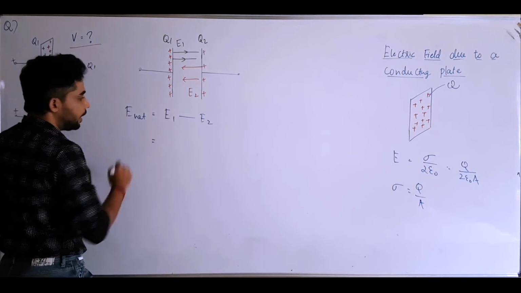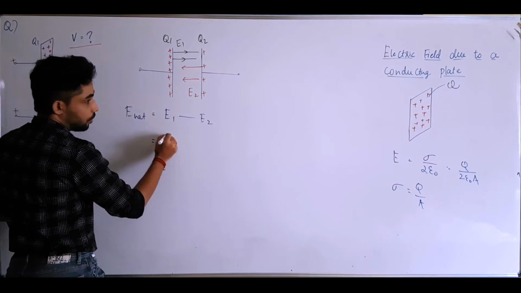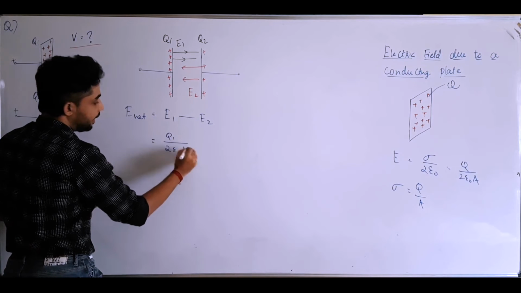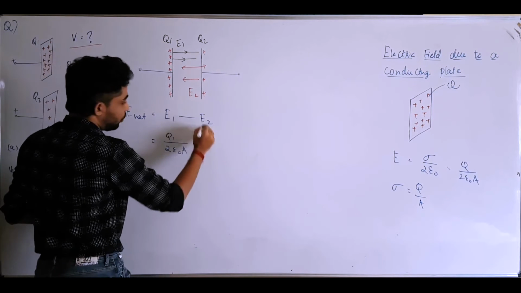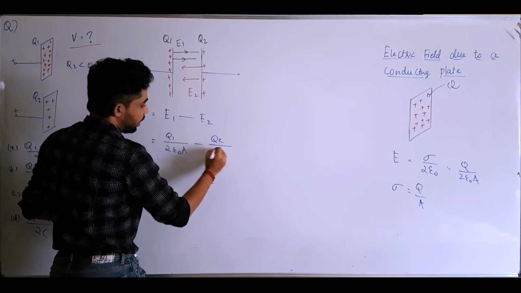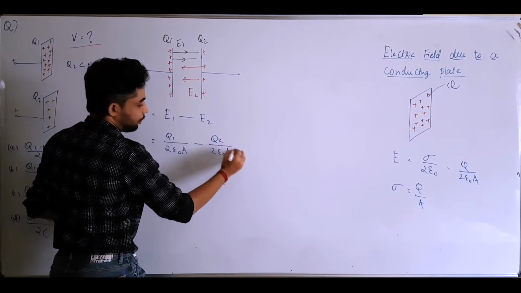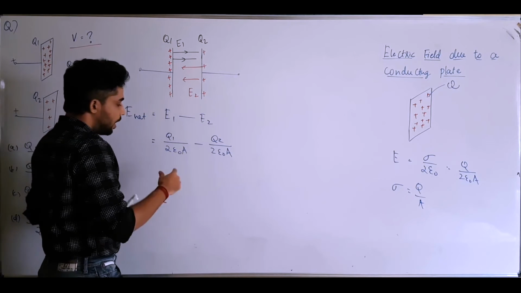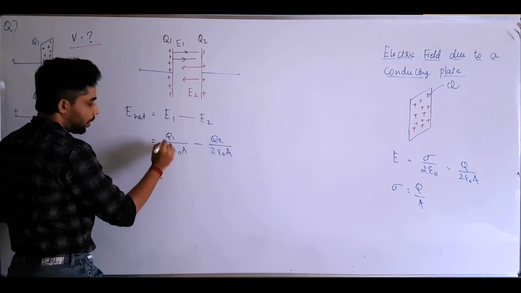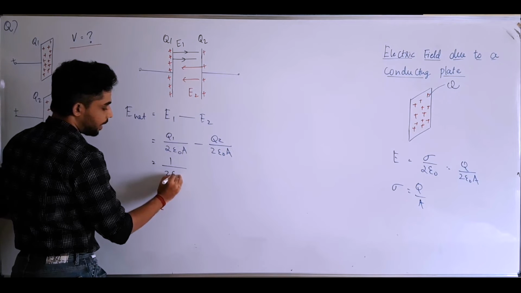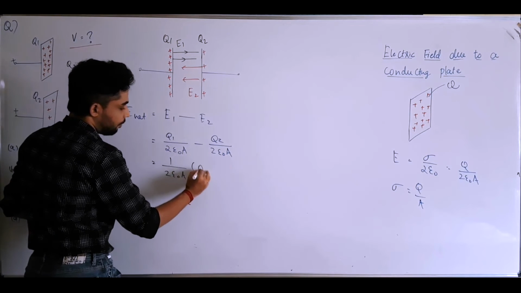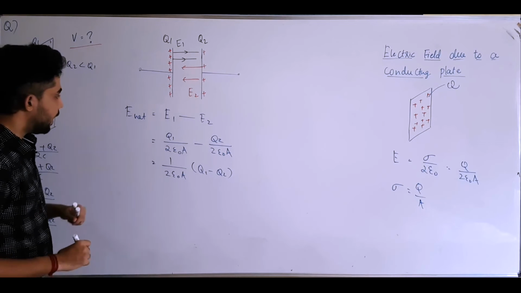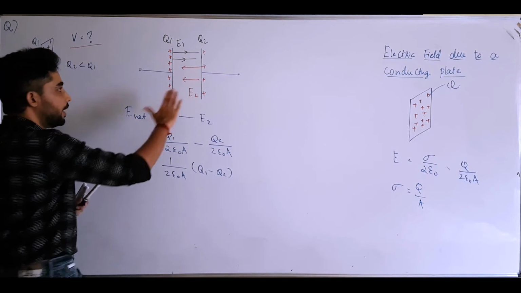E1 is going to be Q1 divided by 2 epsilon naught A, and E2 is going to be Q2 by 2 epsilon naught A. They have given in the question that the two plates are of the same area, so I can take 1 by 2 epsilon naught A outside, and you'll be left with Q1 minus Q2. So this is the net electric field in this region.